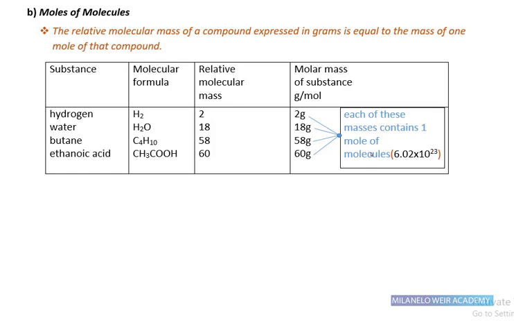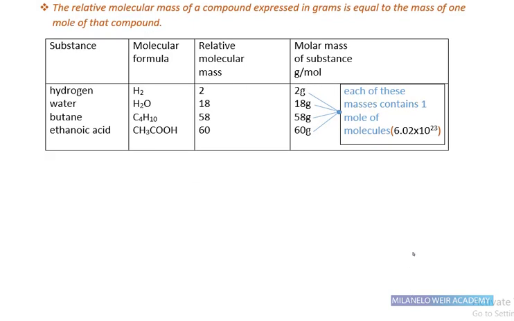What is 1 mole? 1 mole is 6.02 times 10 to the power 23 quantities, items, particles. It's just a number, remember. Next is the relationship between moles, mass and molar mass.